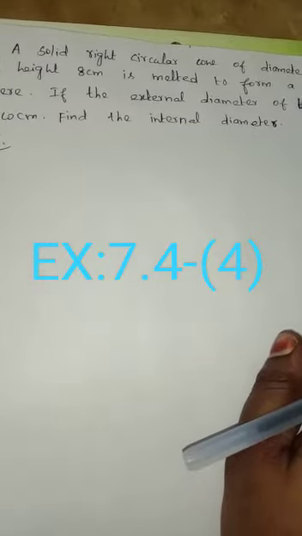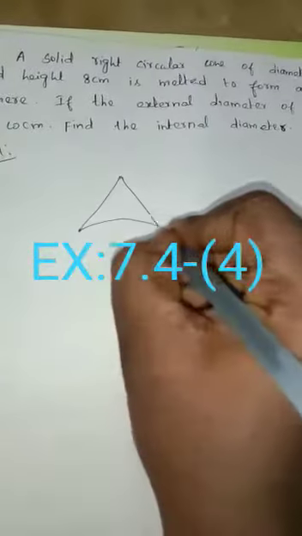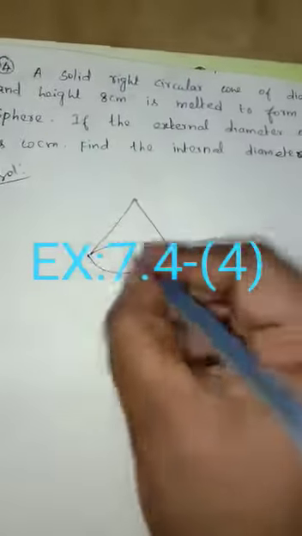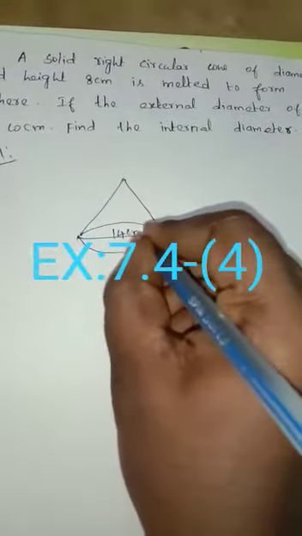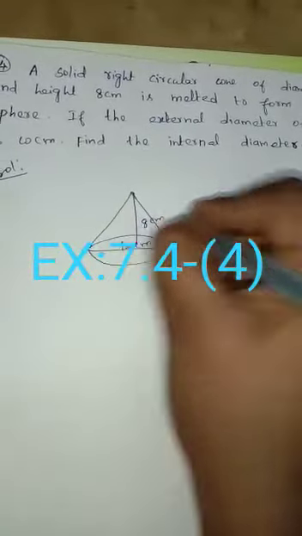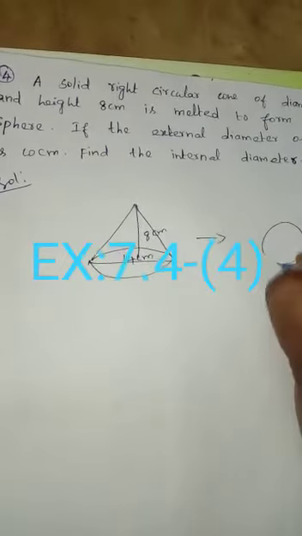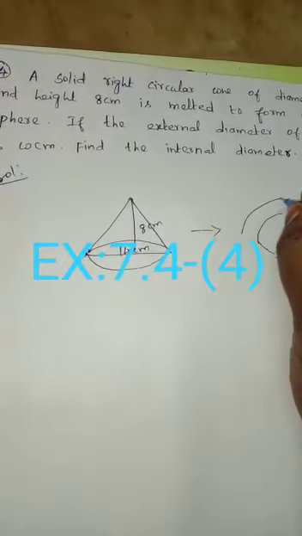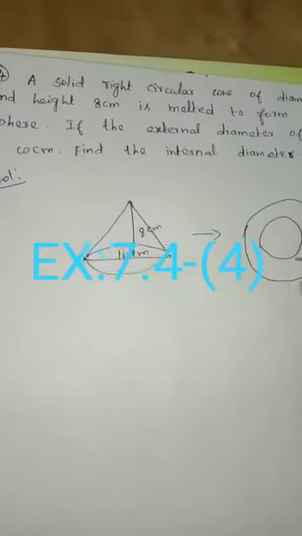The solid circular cone first: the diameter is 14 cm, height 8 cm, converted into a hollow sphere. It has some vacant places. This is a hollow sphere.